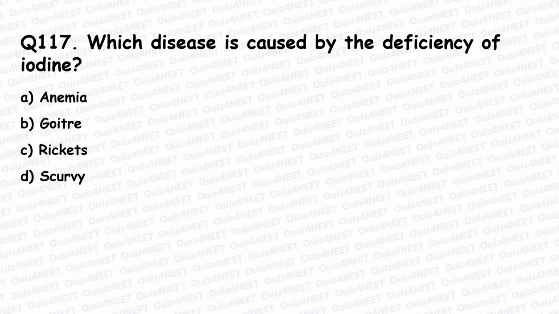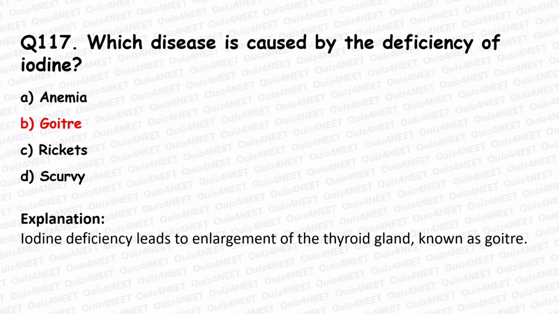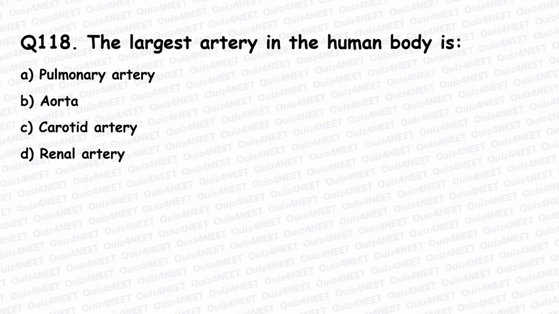Q117. Which disease is caused by the deficiency of iodine? A. Anemia, B. Goiter, C. Rickets, D. Scurvy. Answer B. Explanation: iodine deficiency leads to enlargement of the thyroid gland, known as goiter. Q118. The largest artery in the human body is A. Pulmonary artery, B. Aorta, C. Carotid artery, D. Renal artery.